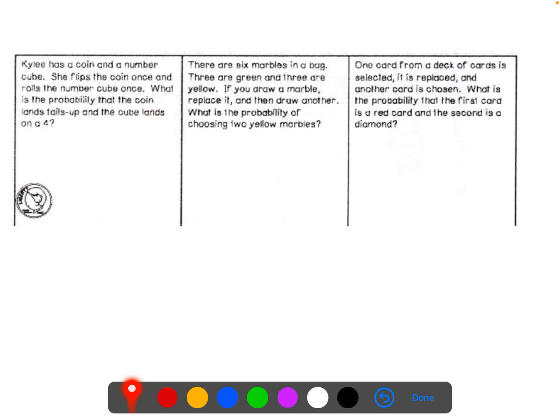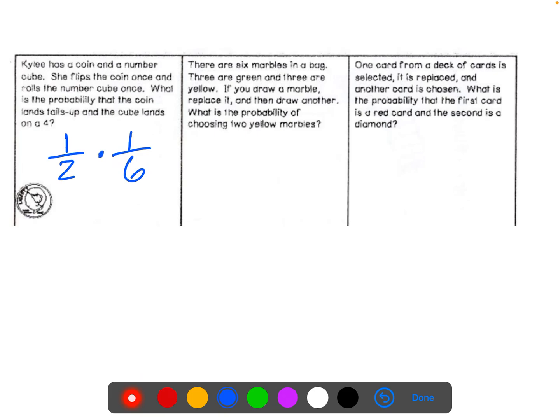So we need to find our two outcomes. For the coin, of course, there's only one side that's tails, so 1 out of 2 possibilities would be the coin flip. There's only one number 4 on a number cube, so that's 1 out of 6. So those are our two separate probabilities, our two simple probabilities, and then they're going to compound, they're going to combine here because we're looking for the probability of both of those events.